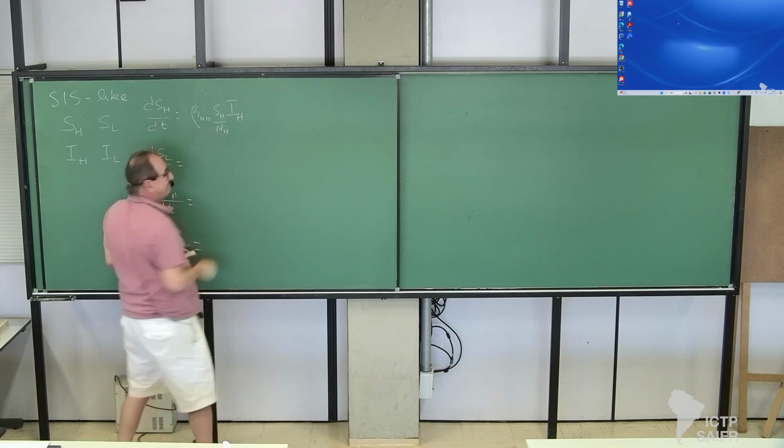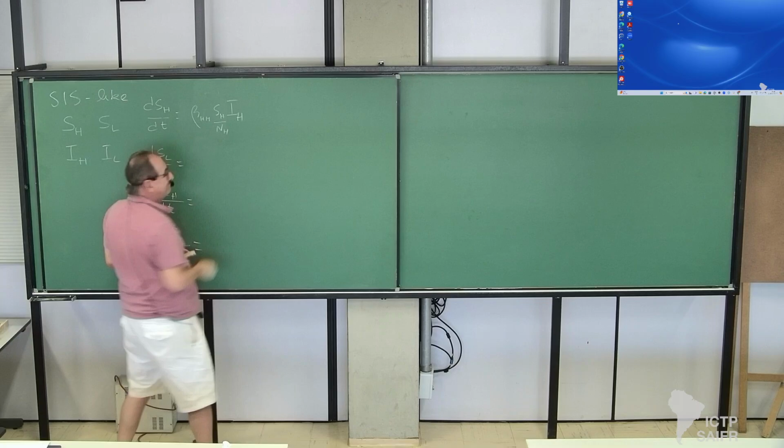Nice. Okay? And then the rest is the same reasoning. So this beta is not exactly the contact matrix because it has already the probabilities of infection, and it has also the total number of contacts included.